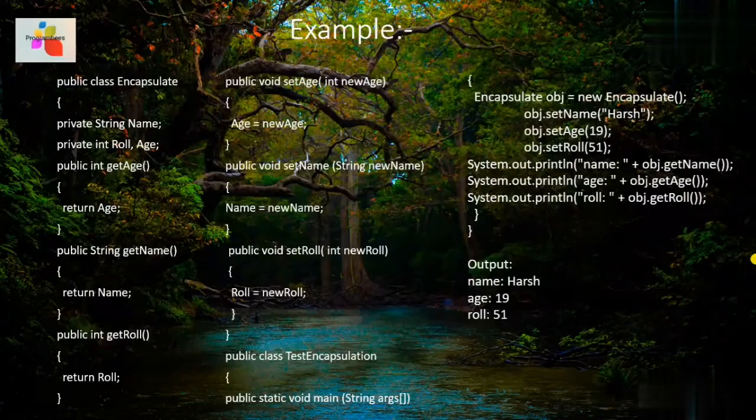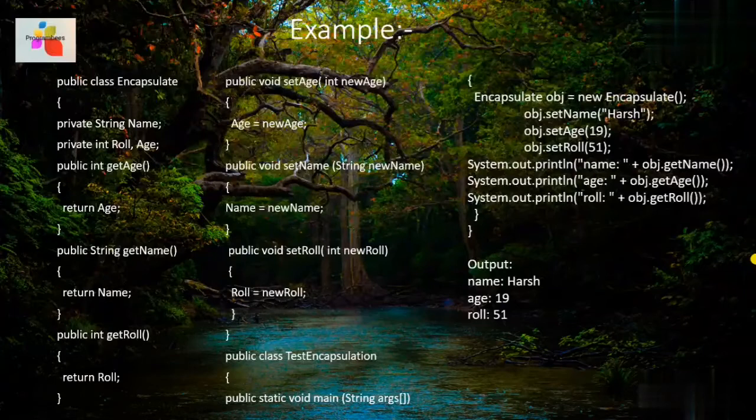In this example you can see that I have taken public class Encapsulate, and under this I have taken some variables and some functions: get age, get name and get roll number, all with return types, that is return age, return name and return roll number. Again I have taken set age, set name and set roll number.